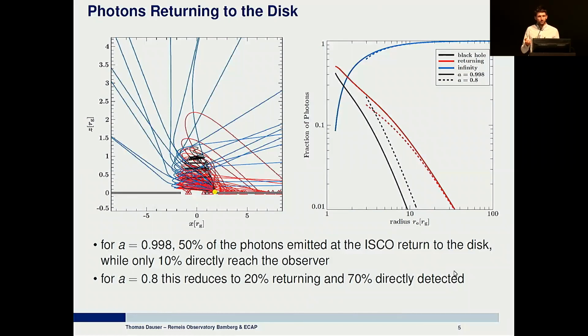Those are the photons we previously used for modeling relativistic reflection, or part of it. In the dashed lines are plotted the fractions for a still fast rotating black hole with spin 0.8, where much fewer photons return to the accretion disk. So this is very sensitive to the spin and clearly to where the inner edge of the accretion disk is.